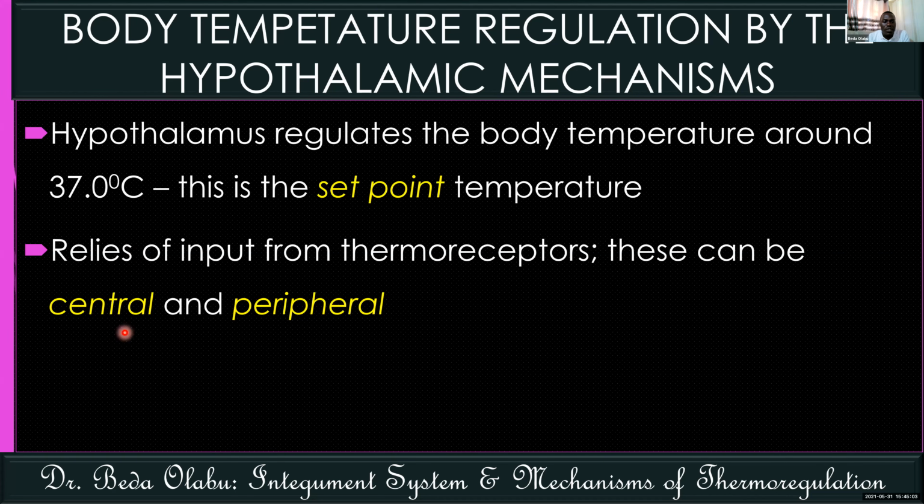The types of thermoreceptors can be classified into two, the peripheral and the central ones. The peripheral thermoreceptors are the ones largely on the skin surface. So predominantly picking the temperature of the skin. Then we have the central thermoreceptors, which detect the temperature of blood. The temperature of the blood is largely detected by hypothalamus itself.